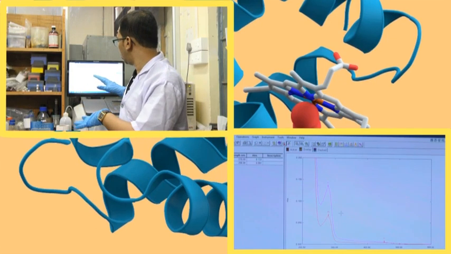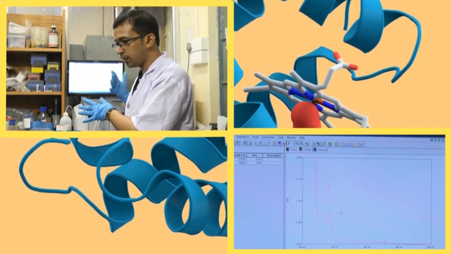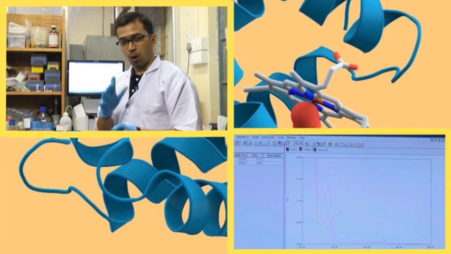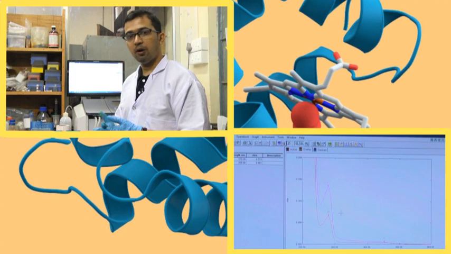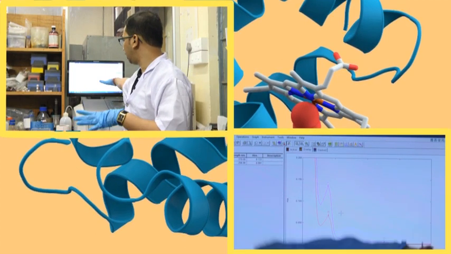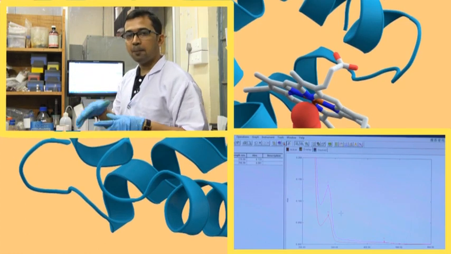Another error which I am letting you know comes during the experiment. No need to worry, these are all manual errors which we face regularly. Another error is that while scanning from 600 to 200, the scan speed I have kept as medium.